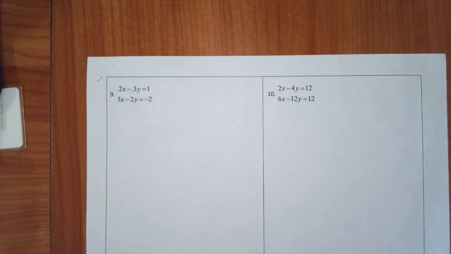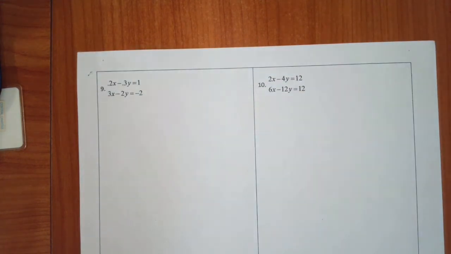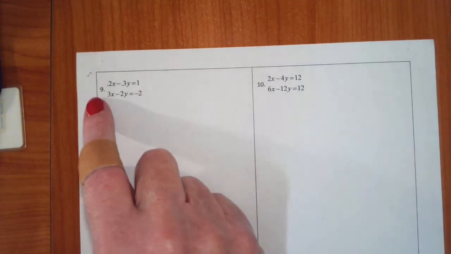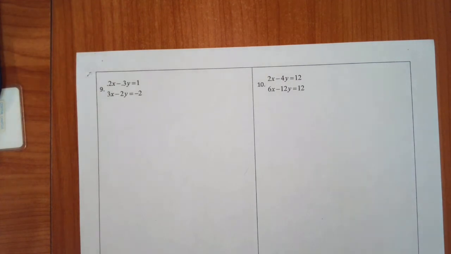0.2x minus 0.3y equals 1 and 3x minus 2y equals negative 2. Okay. Now, trying to come up with a number for each of these is going to be difficult since I've got decimals. So the first thing I'm going to do is just get rid of the decimals.